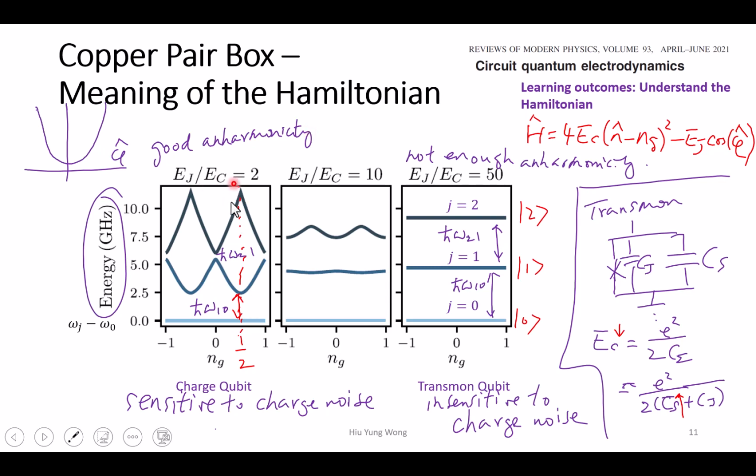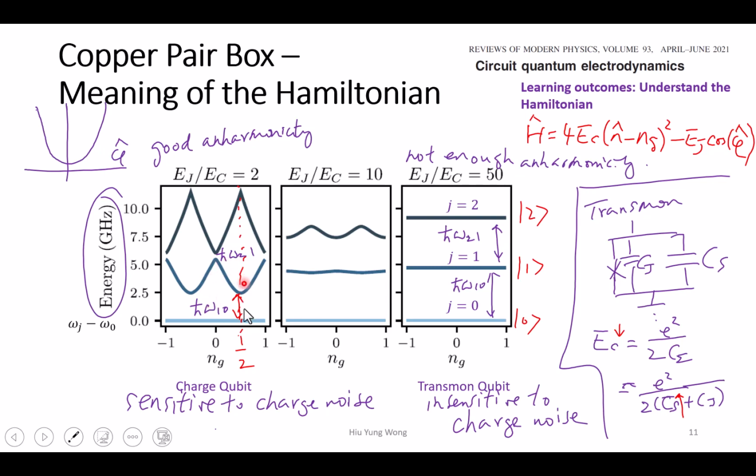So if we have a small EC, then you see that if I change the NG, this is NG, this is not the coordinate, then you have very different energy levels for the first level and second level. This is the 0th level. Then it means your 0 and 1 state gap is very large.